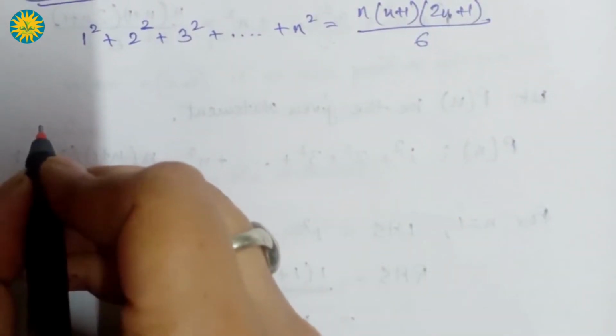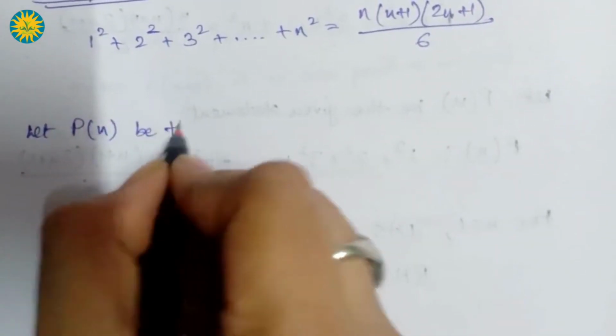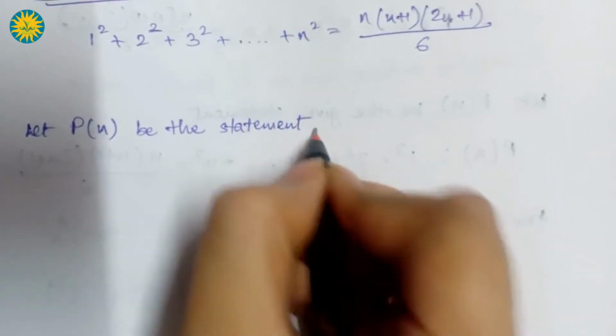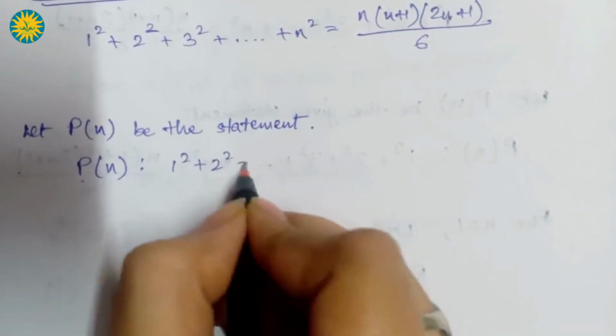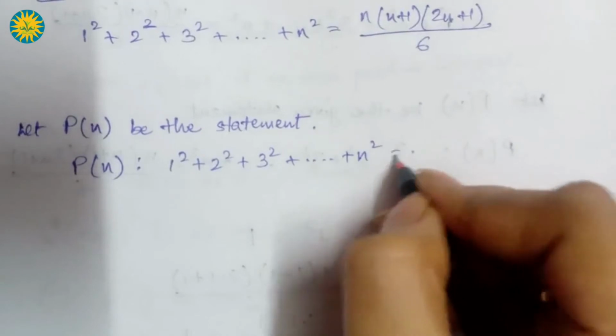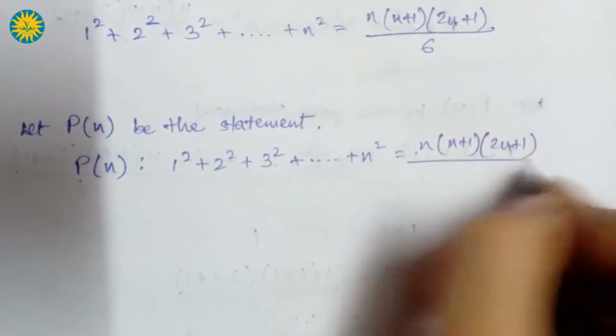Now we are going to follow the same procedure, which is let P of n be the statement which is 1 square plus 2 square plus 3 square plus till n square equals to n into n plus 1 into 2n plus 1 by 6.